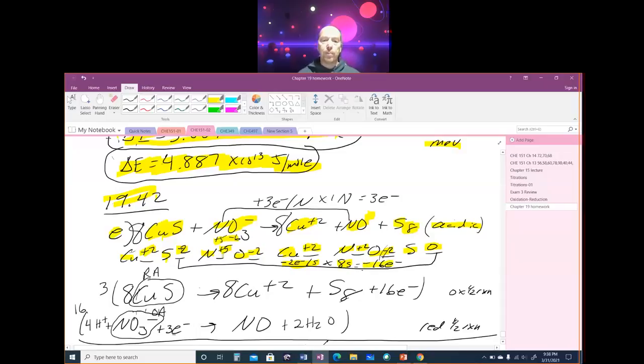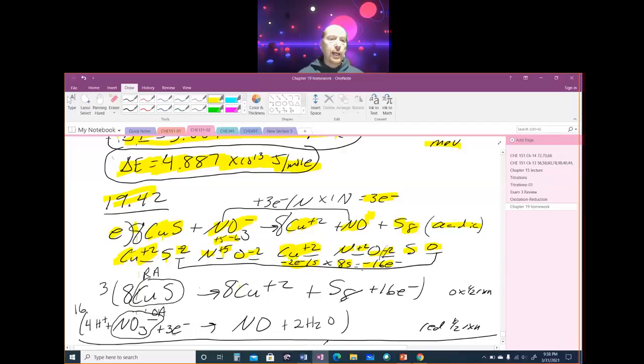For your nitrogen, it's going from a plus 5 down to a plus 2. It is a reduction. All right, so we're going to gain 3 electrons per nitrogen, but there's one nitrogen, and so we're gaining a total of 3 electrons. All right, the copper plus 2 is not changing oxidation. It's copper plus 2 on both sides of your reaction.